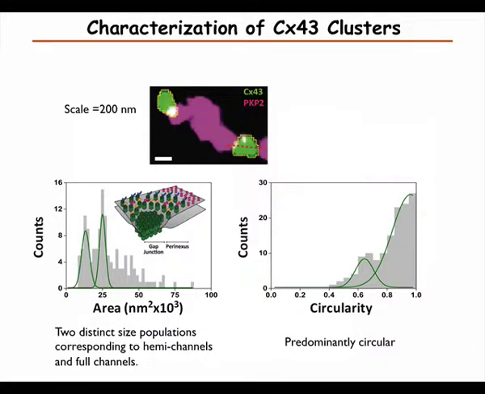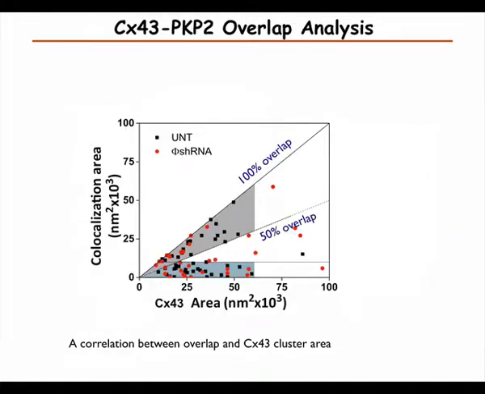Now it's relatively straightforward, when we have these images, to extract all sorts of statistics. For example, we can get distributions of areas and distributions of circularity for these different molecules.